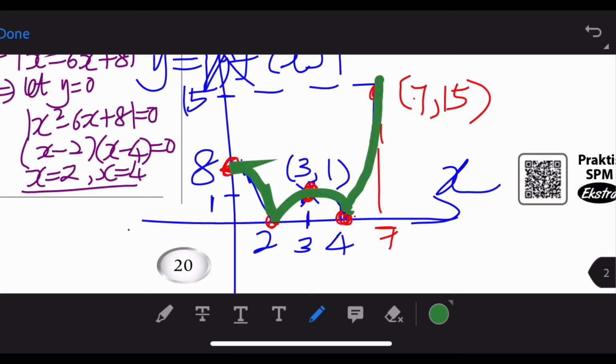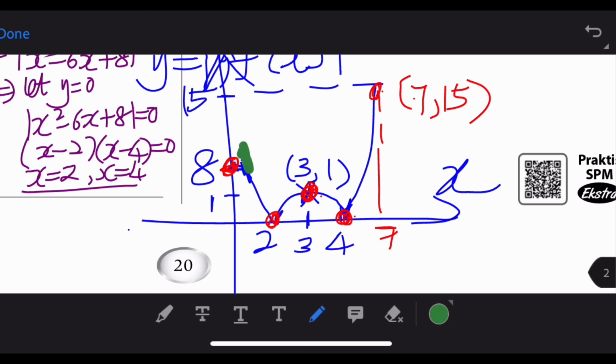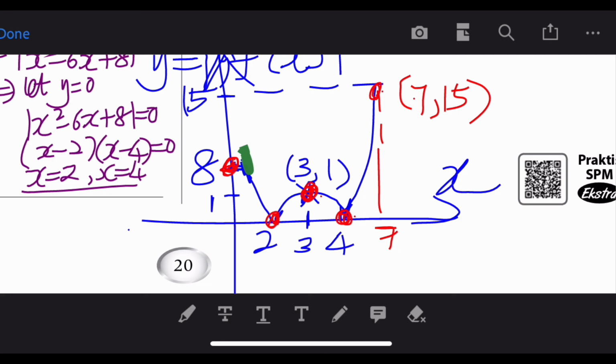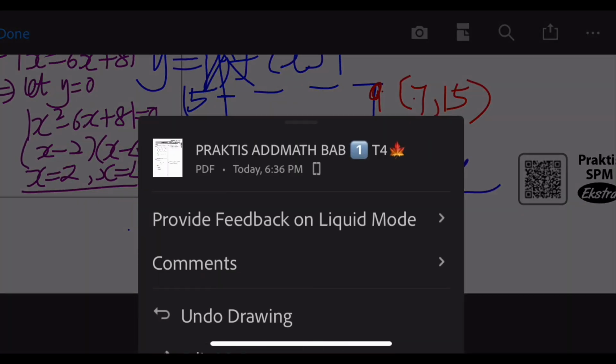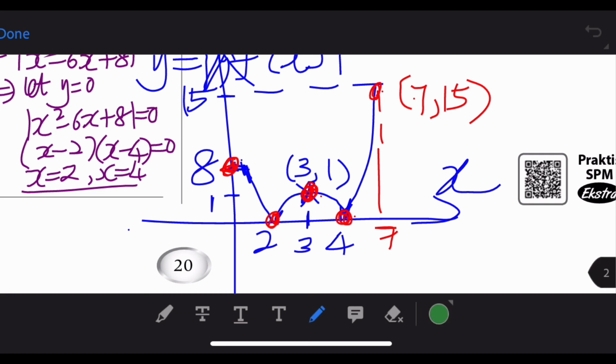Let me see, this part is not so right. It should be like this, because when you sketch the quadratic function, it's a U shape, right? So I'm going to erase like this. Let me trace again. It should be going down like this, then N shape here, and continue with a U shape.